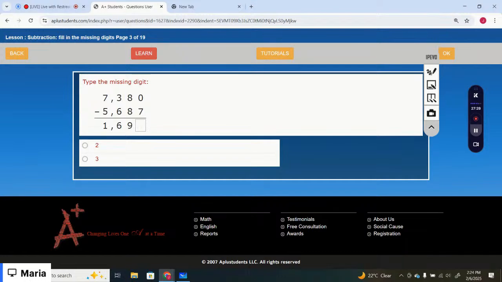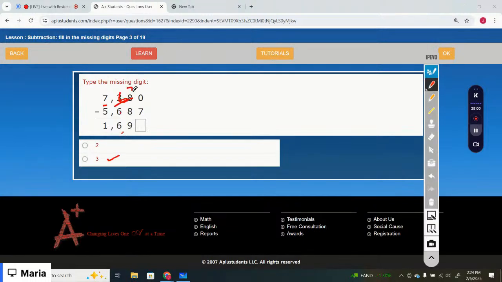Type the missing digit. So which digit is missing? Zero take away 7, you cannot subtract, so you need to borrow 1.